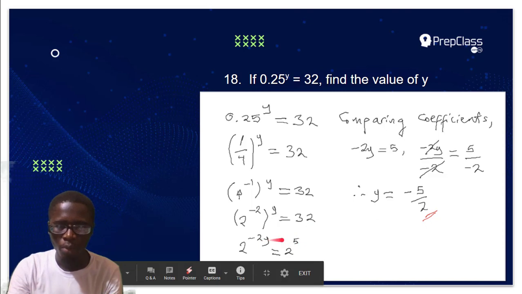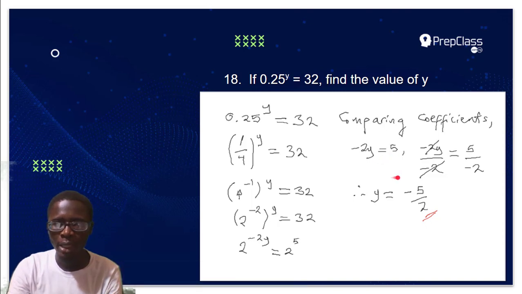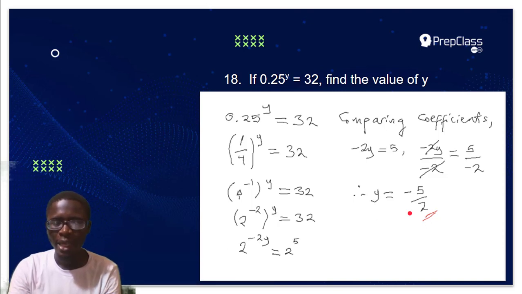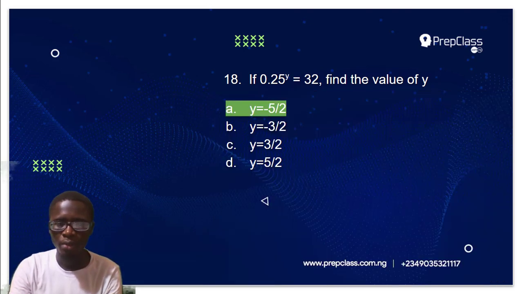So by comparing the exponents, we obtain minus 2y is equivalent to 5. Divide both sides by minus 2, and here we have y equivalent to 5 all over minus 2. And that gives the value of y to be minus 5 all over 2, which is option A.